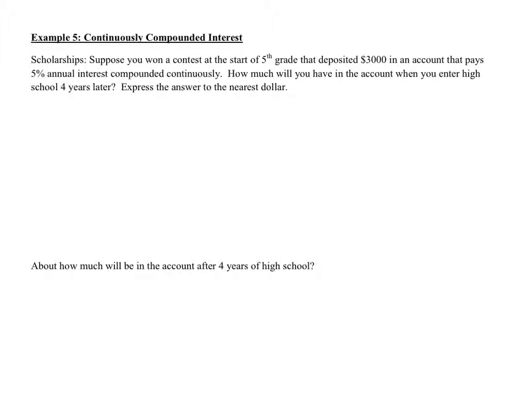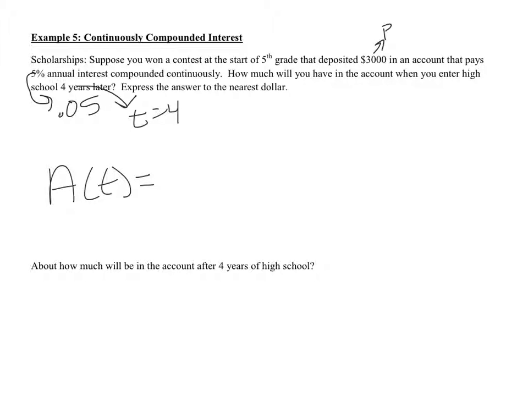Suppose you want a contest at the start of 5th grade because you're so amazing. You deposited $3,000. That would be your P. It pays 5%, that's the same thing as 0.05. And then it's asking for you after 4 years. What does this look like? You don't have to write this out, but sometimes people like to. I'm starting with $3,000.